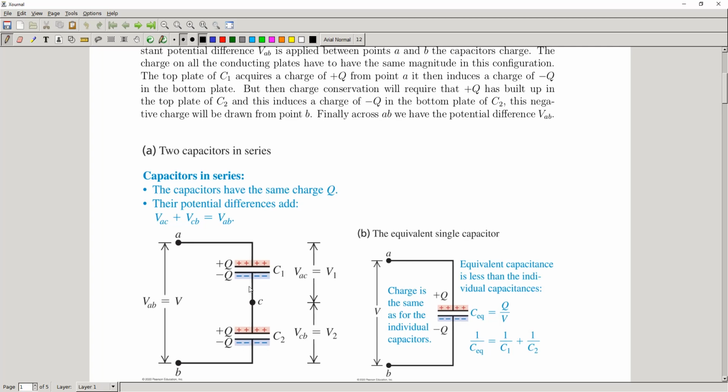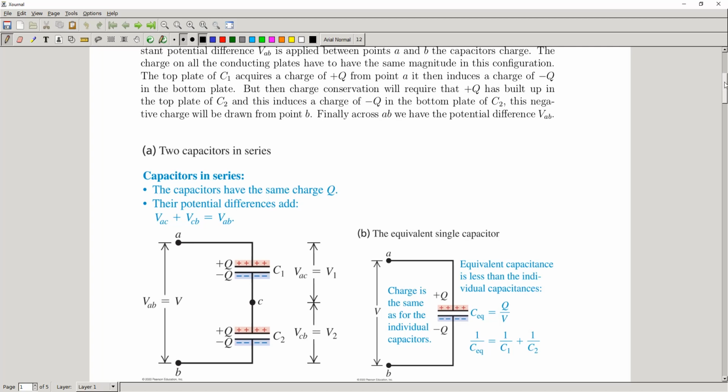Because of the configuration, these are all going to have the same magnitude. We're going to have a plus Q here and a minus Q here, and because we have a minus Q here, we have a plus Q here, and because we have a plus Q here, we have a minus Q here, and this is connected back to our battery. So that's the first thing to notice: all these Qs need to be the same across both of our capacitors, even if C1 and C2 are not the same.